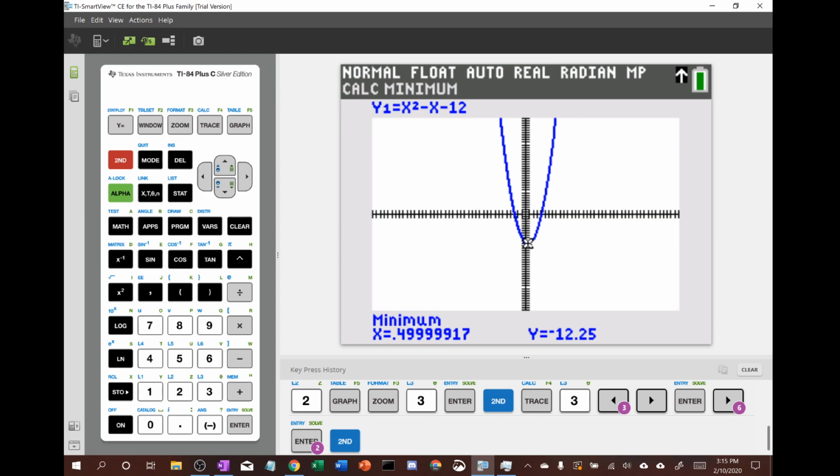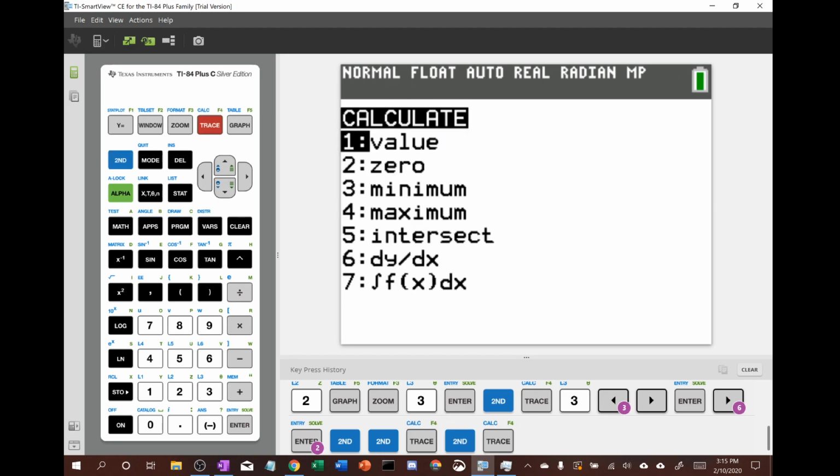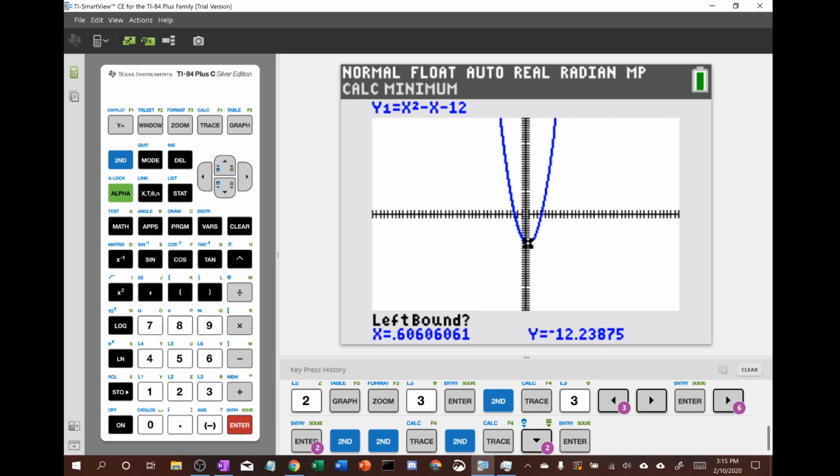Now, okay. Hit second, trace, and then go down to minimum, which is 3. Hit enter. What you found was the y-intercept.